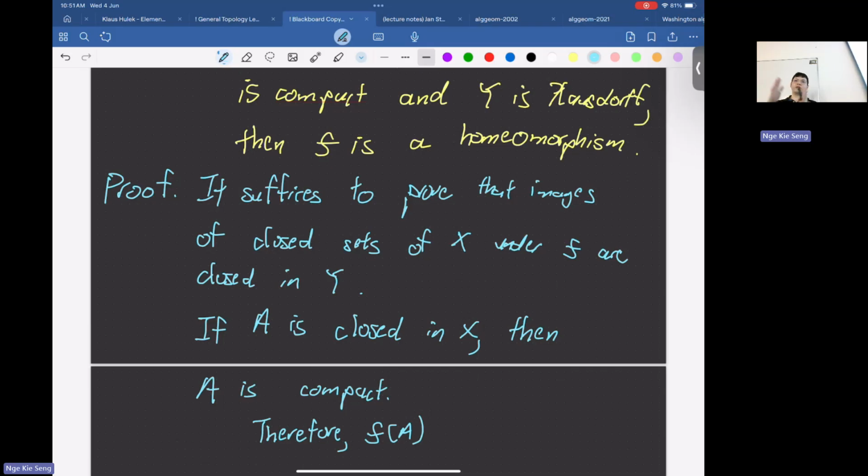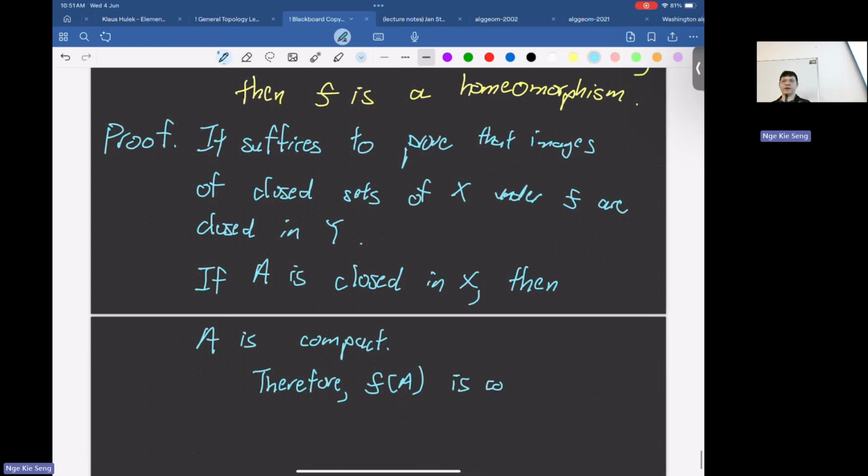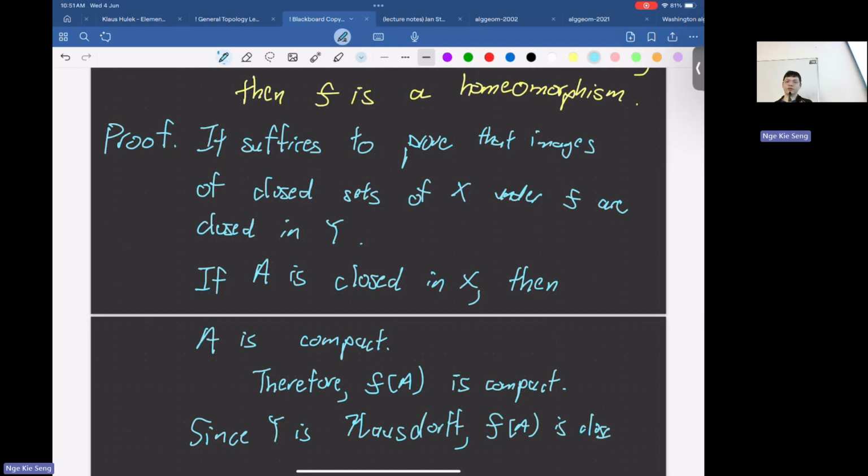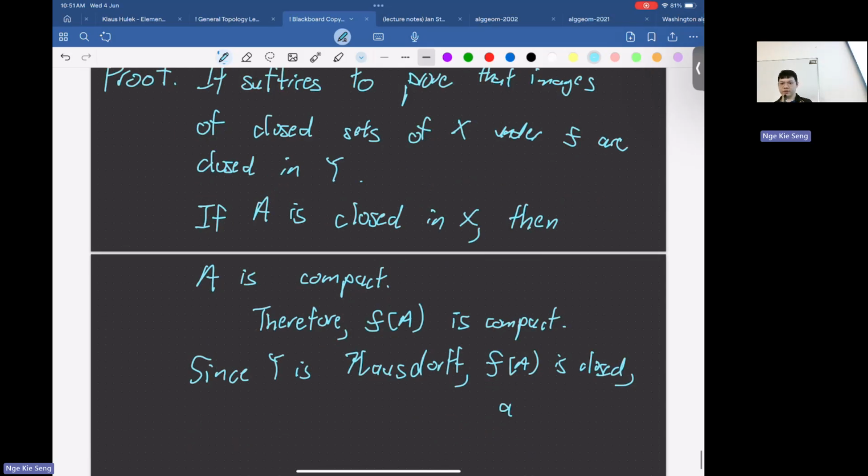Last time we showed, similar to connectedness, the continuous image of a connected set is connected. The continuous image of a compact set is also compact. So F(A) is compact. But Y is Hausdorff. Compact in Hausdorff means what? It implies that F(A) is closed. So that's why we name this a corollary, because we are just using what we have proven.